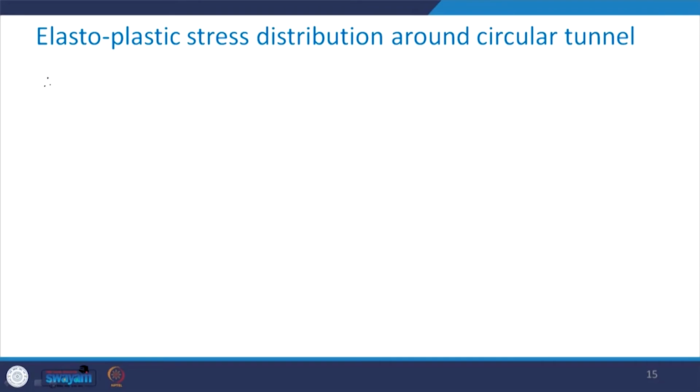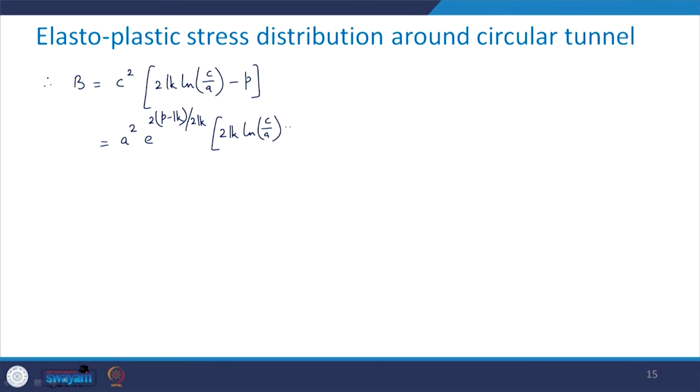And therefore, what will happen to this B? That is going to be now C square, you have 2 kappa ln C upon A minus P. So, we just substitute the expression for this C. So, this is what that we are going to get: A square e to the power 2 P minus kappa upon 2 kappa, and then this quantity, that is 2 kappa ln C upon A minus P. So, just solve this.